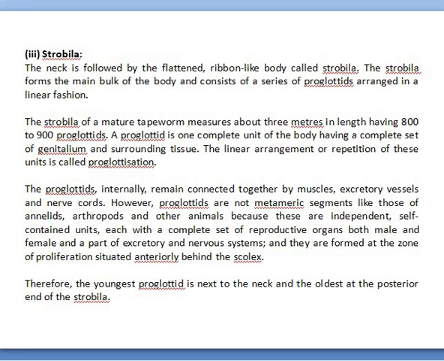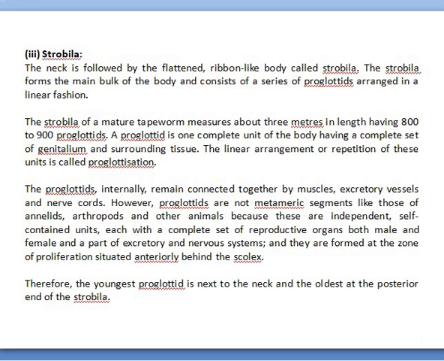Coming to the mature proglottids, nearly 100 to 150 proglottids after the immature ones bear male reproductive organs only. As they are pushed back, they develop female reproductive organs also. Thus the mature proglottids are hermaphrodite, and they number about 300 to 400. The mature proglottids are squarish in shape.